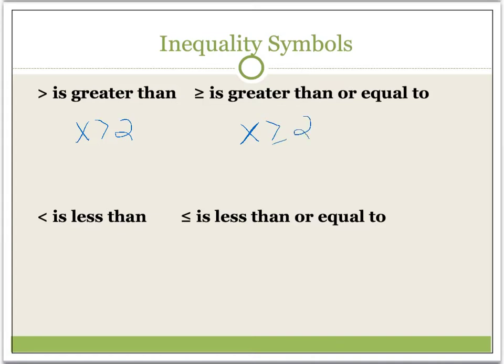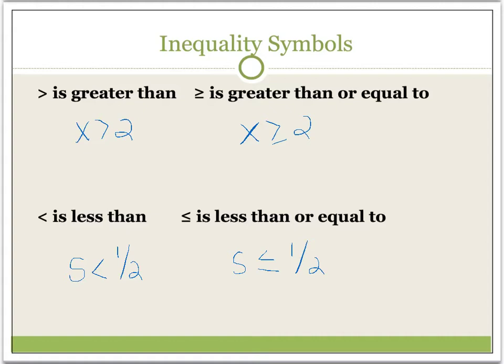And so again, you can see that in this case, 2 would be a solution because it could equal it, but it also could be greater than. Similarly, with the less than, I could say s is less than 1/2. Or I could say s is less than or equal to 1/2. All of these are examples of how you would use these symbols and read them when you came across them.